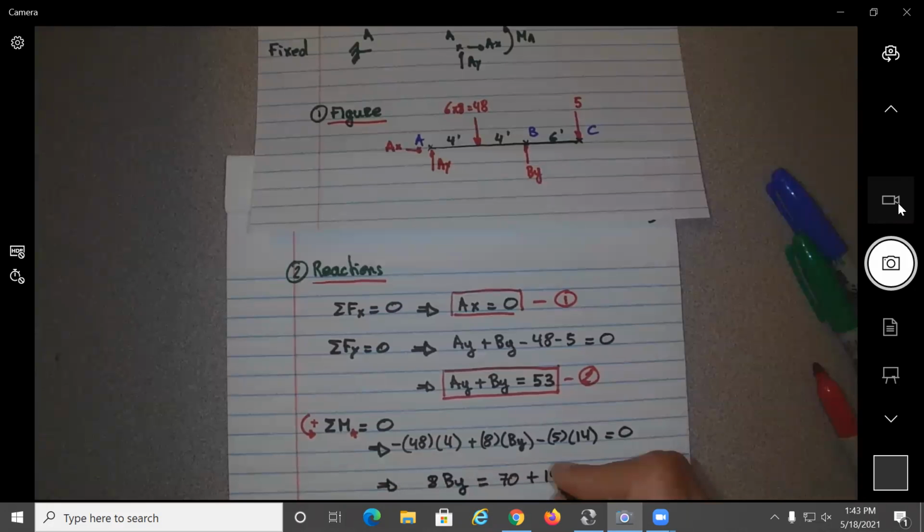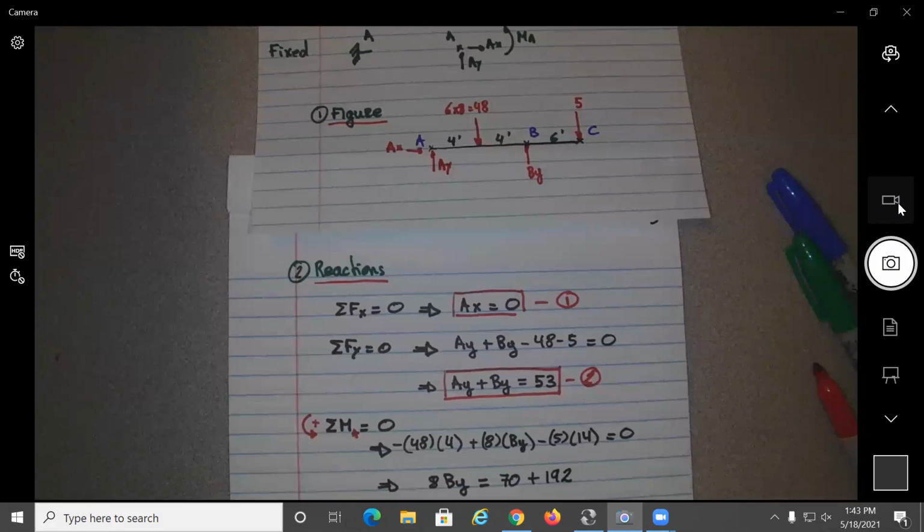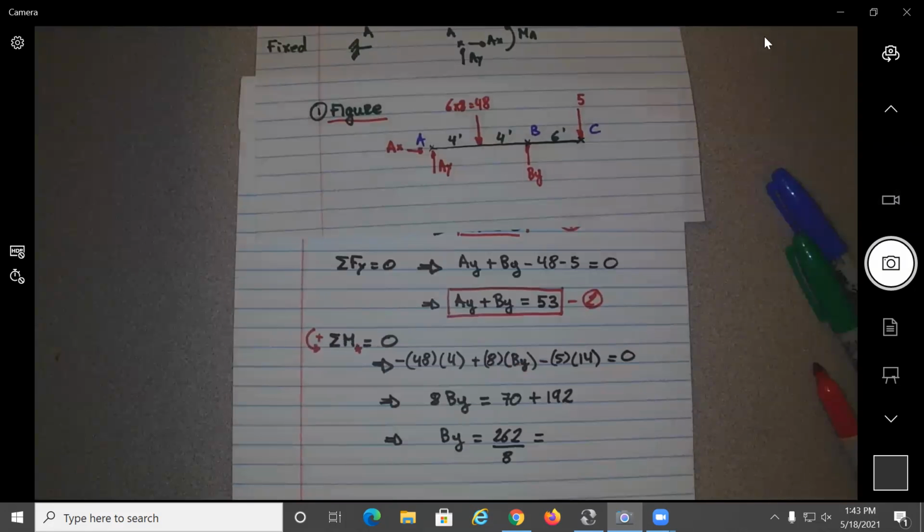But if you have your calculators, please keep them out. So this will give you B_y equal to 262 divided by 8, which is 32.75 kip.